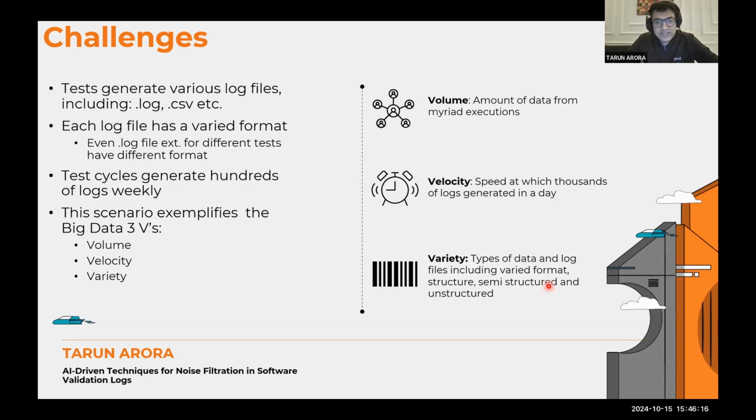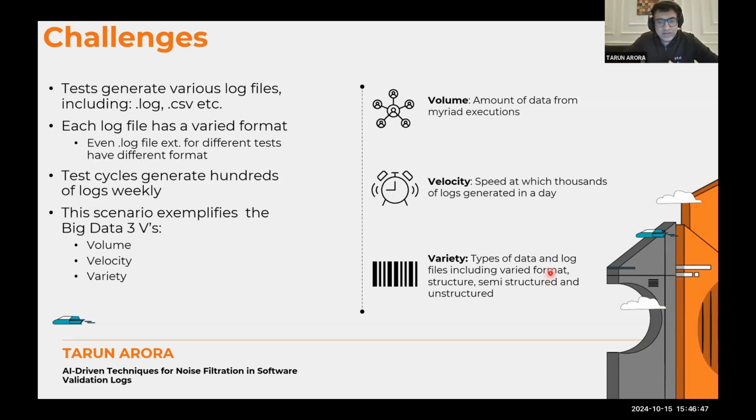Every test, based on its nature and environment, has a different format also, right? And then you are running these test cycles manually or semi-automated or automated thousands and thousands of times on a daily and weekly basis, which means you are generating a high volume of logs in a specific period of time, right? So what exactly this means is that this exemplifies the big data 3V problem.